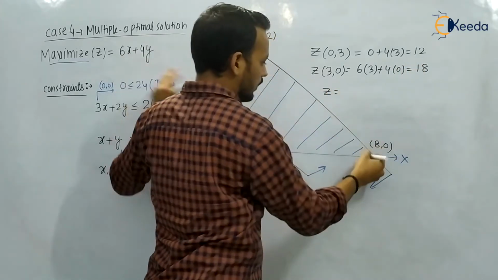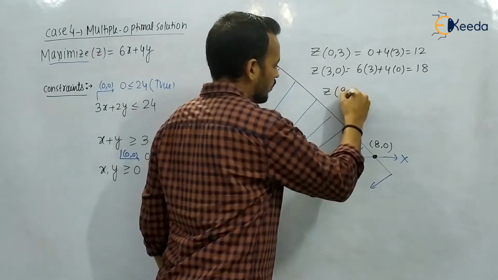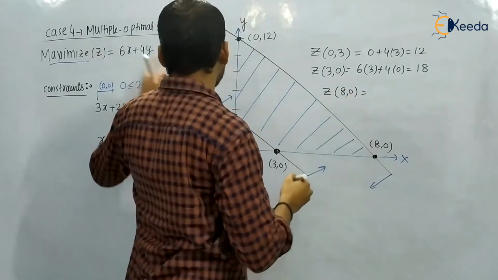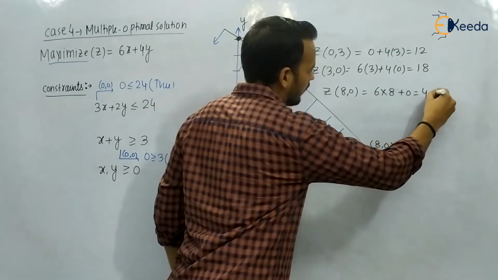At 8 comma 0, it is 6 into 8 plus 0, which is 48.